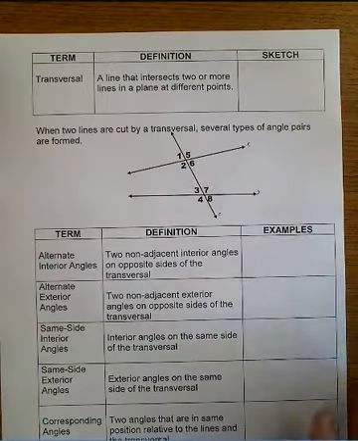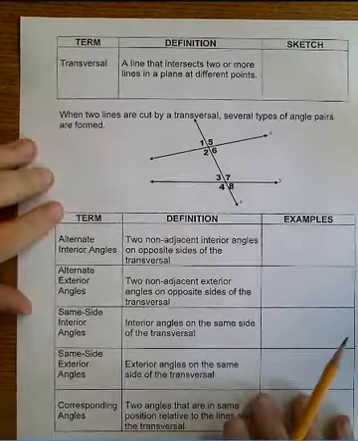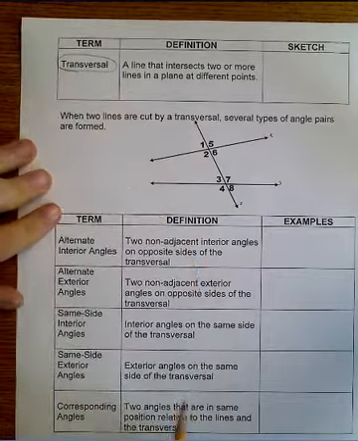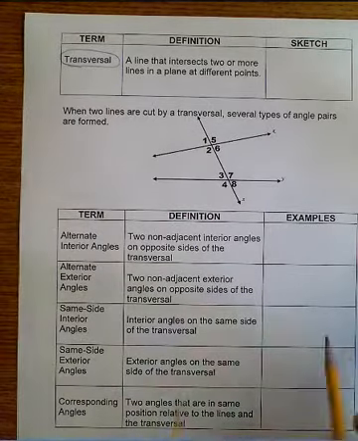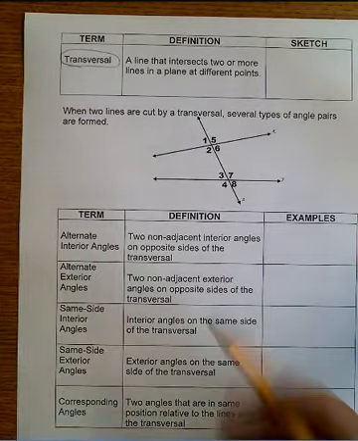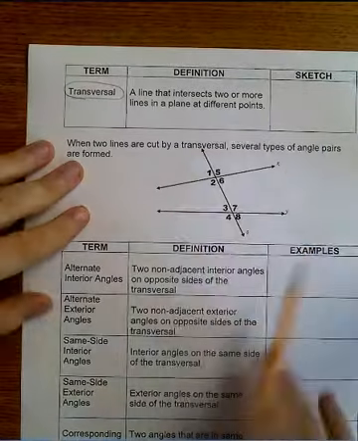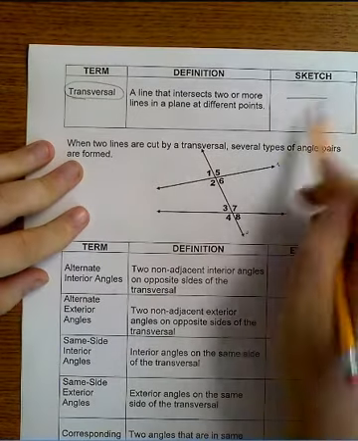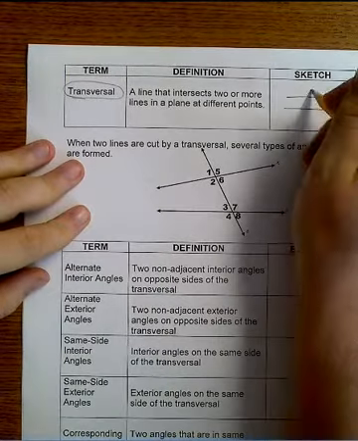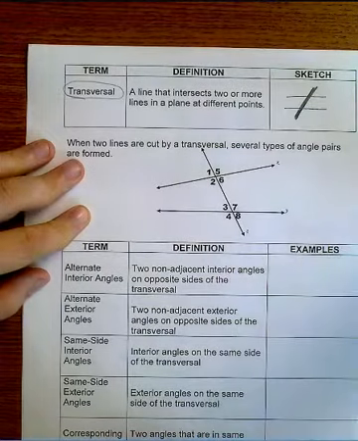Let's go ahead and get to the meat of this whole unit. The meat is talking about transversals. The whole unit is going to be talking about transversals and angle pairs. So before we can even talk about this, what is a transversal? A transversal is when I have two lines, and then I have a third line that intersects them.